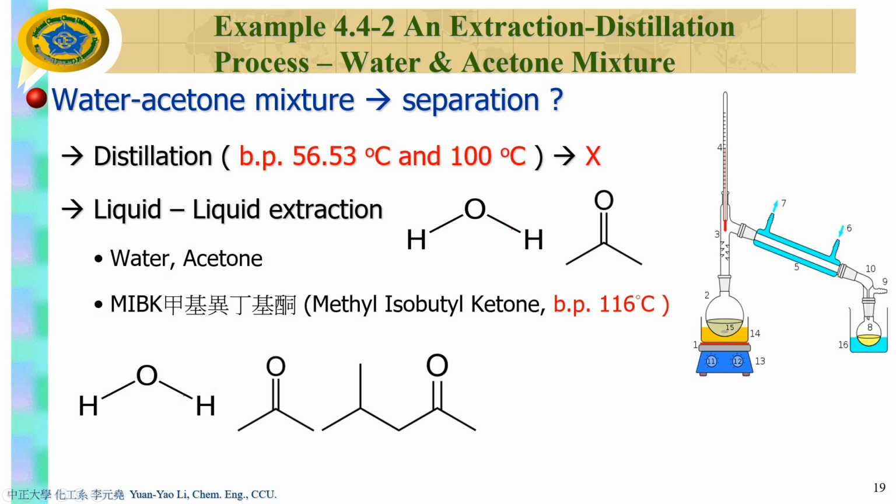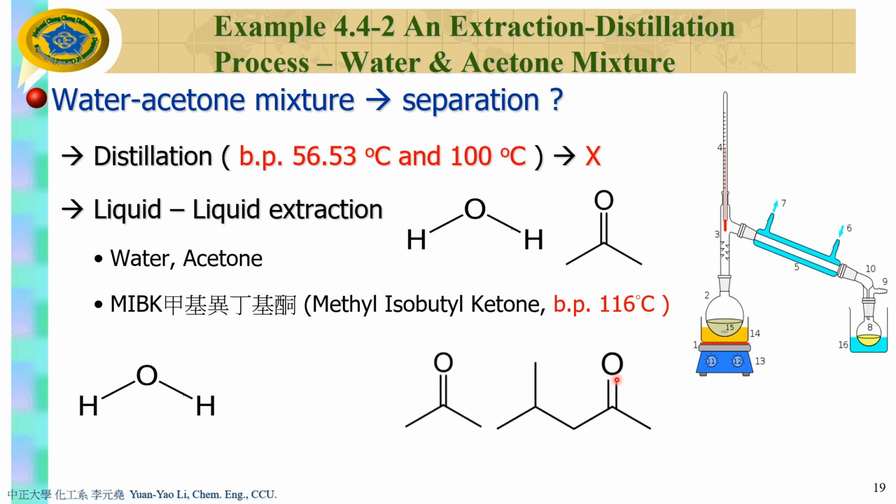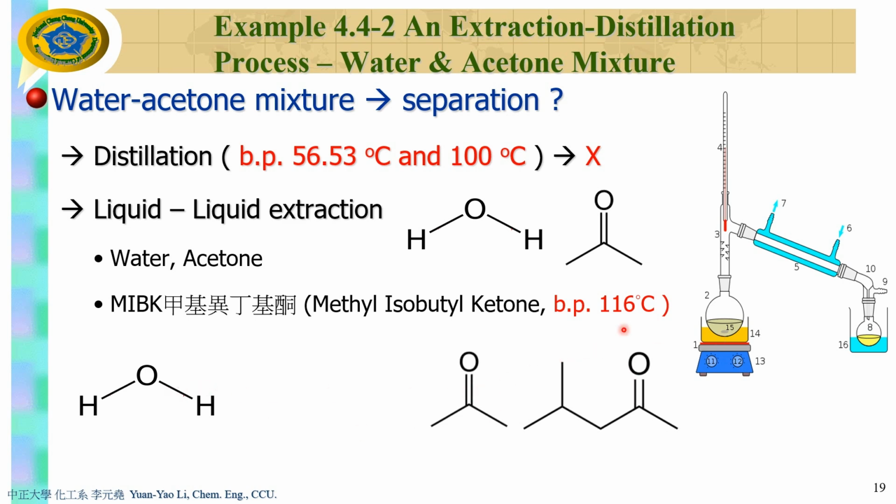So if you put these three things together, you pour this liquid into this mixture, and then the acetone will dissolve in this solvent, right? As a result, you get 2 layers.